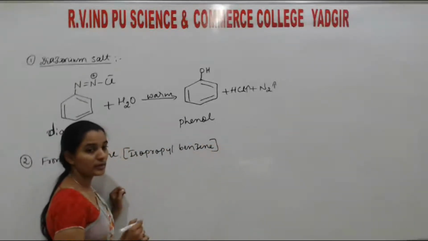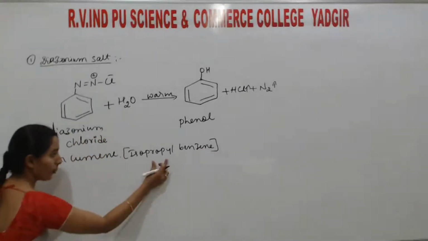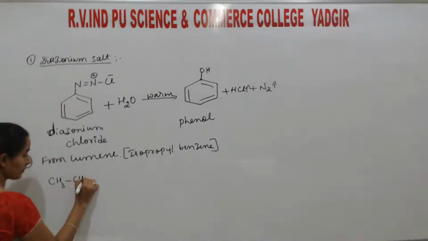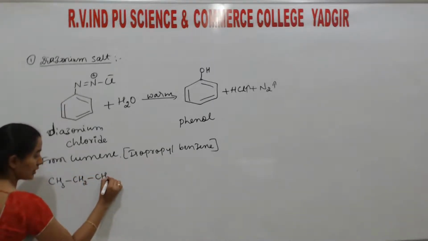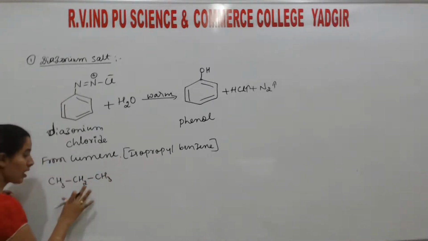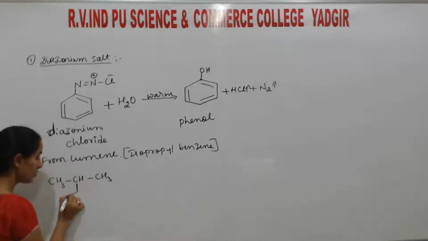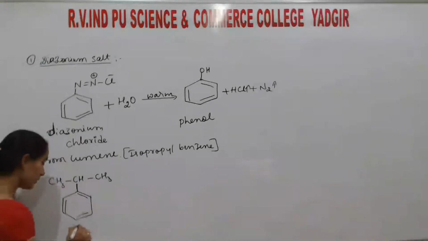So propyl, write CH3, CH2, CH3. Iso means the secondary carbon atom. So to this, benzene is attached. This is called cumene, isopropyl benzene.